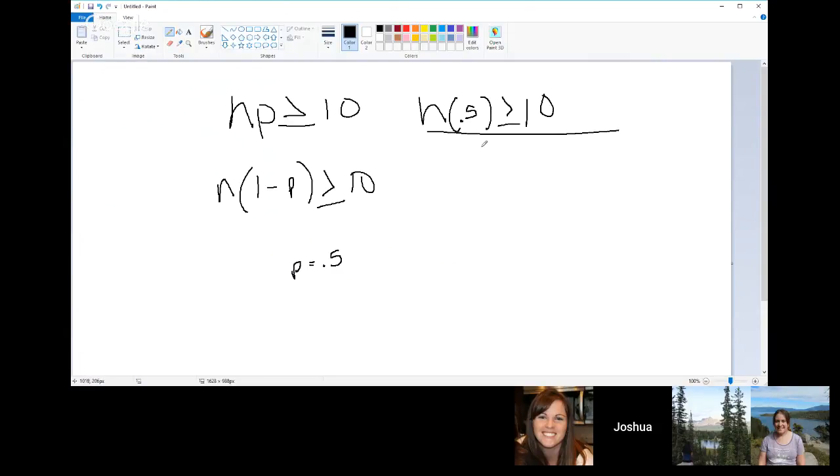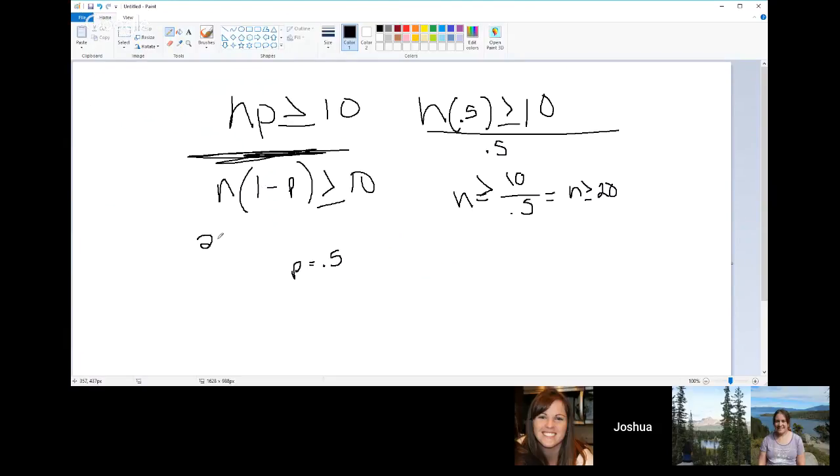So we divide by 0.5. So n is going to be greater than or equal to 10 divided by 0.5, which we find out is n is greater than or equal to 20. So if we plug that 20 into n over on this equation, that's not a divide, that's just a separation.